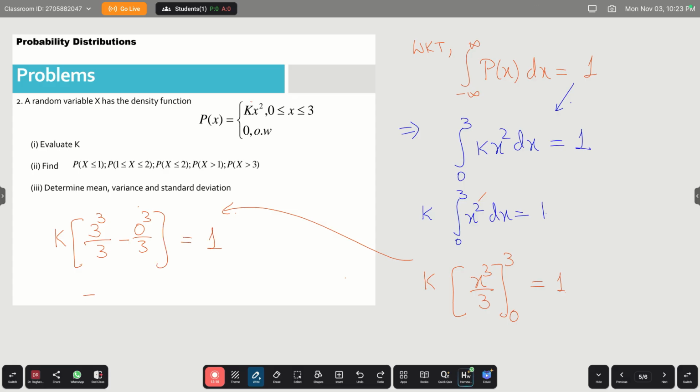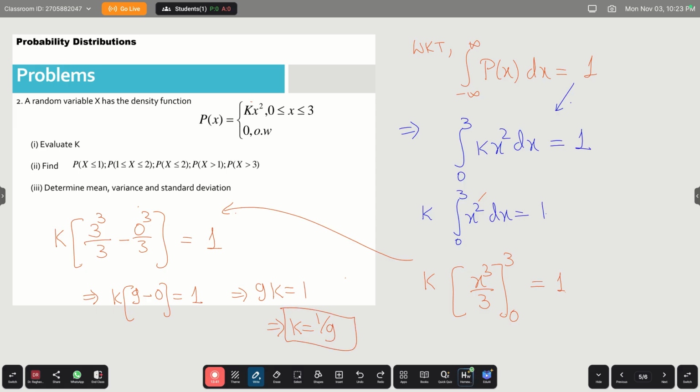So this implies k into 3 cube is 27 by 3, which is 9, 9 minus 0 equal to 1. So 9k is equal to 1, which means k is 1 divided by 9.